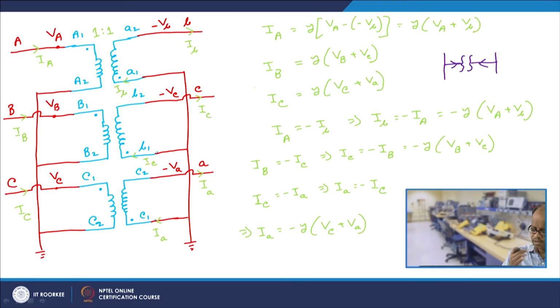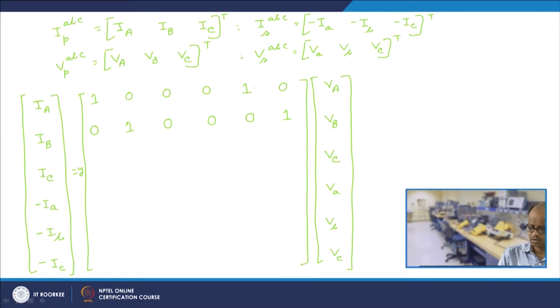What is Ic? Ic is y into Vc plus Va. So, it is 0, 0, 1, Vc plus Va. So, this is 1, 0, 0. And now, what is minus Ia?